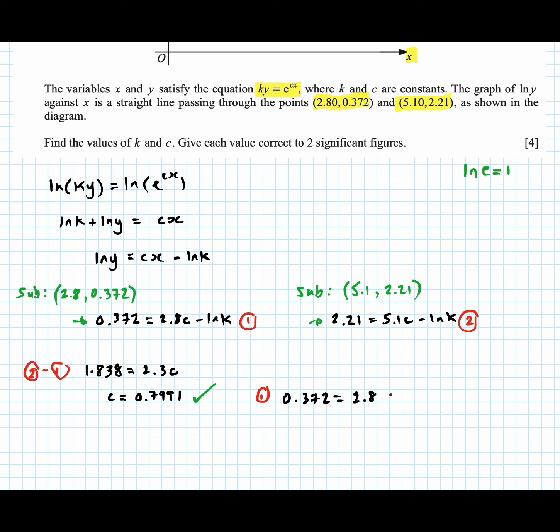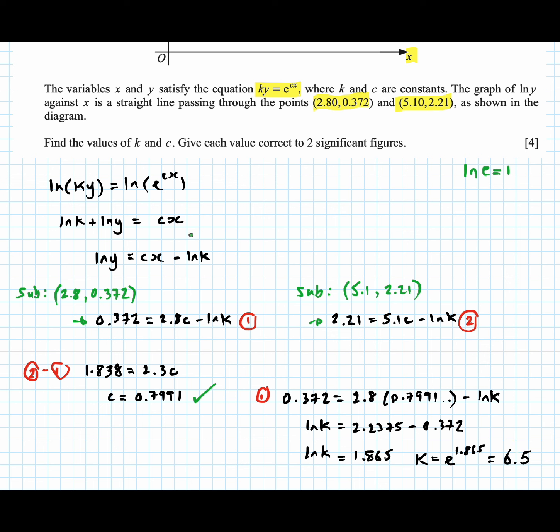Plug back into 1. So we find ln k. So ln k is equal to, subtract them, 1.865 I've got. So ln k equals that, so k is equal to e to that. So e to the 1.865 is 6.5.